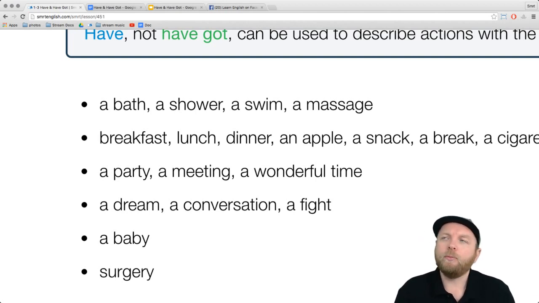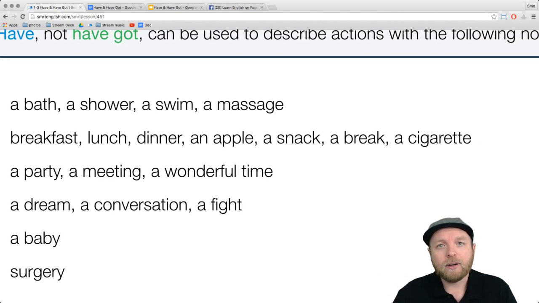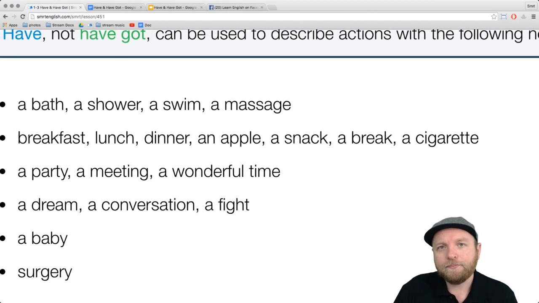Have a swim. We say have a swim in English. That means swim. Have a massage, right? Have breakfast. What does that mean? Eat breakfast. Have lunch, have dinner, have an apple, have a snack. That means eat, right? Have a break. Okay, well, we also say take a break.